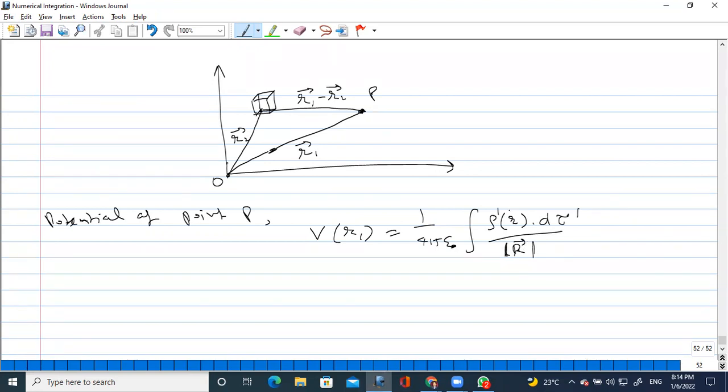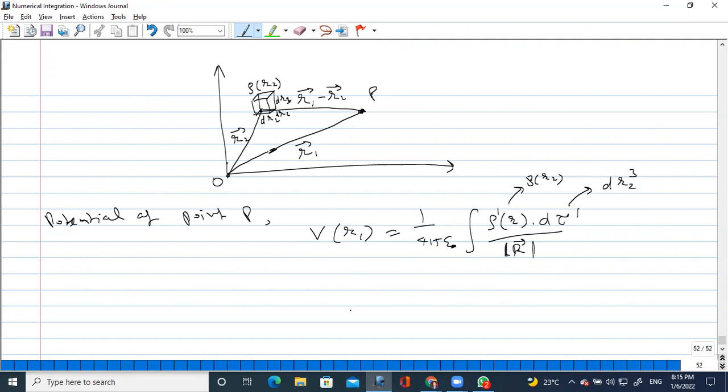Now in place of rho dash, because it is at R2 distance, we have to take rho, depending upon R2, so I write rho of R2. And this d tau dash, suppose each side of this cube is dr2, so d tau dash will become dr2 whole cube.